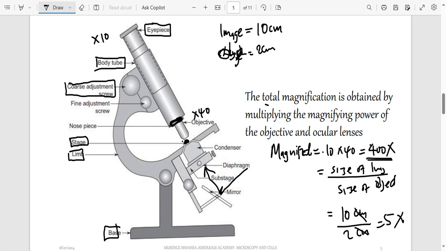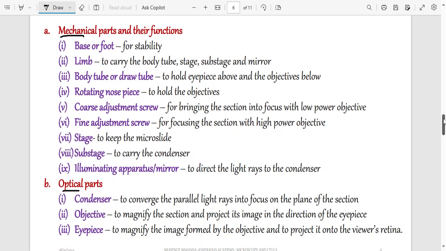So that would depend on the information you'll be given. If they've given you the magnification of the eyepiece and the magnification of the objective lens, just multiply the two to get the total magnification. But if they've given you the size of the object and the image, divide image over object.